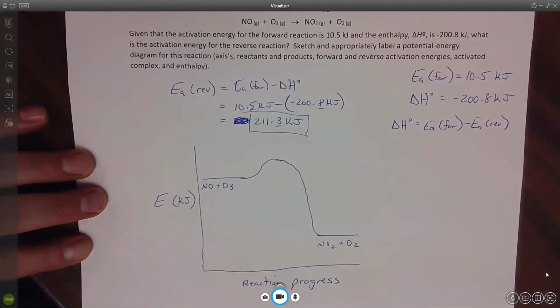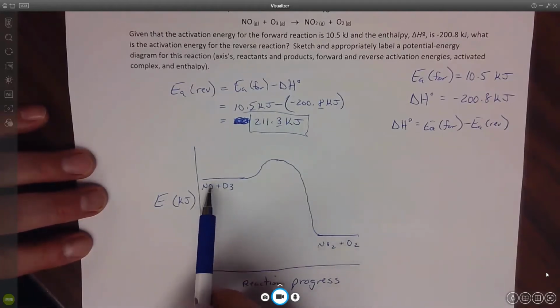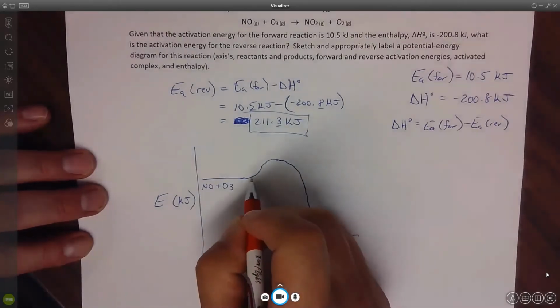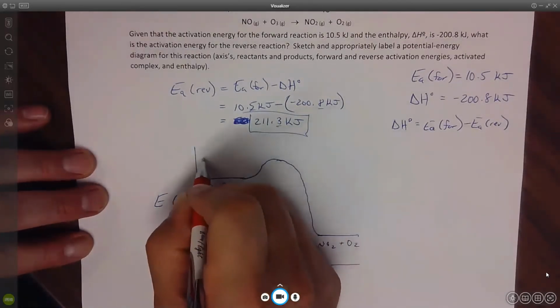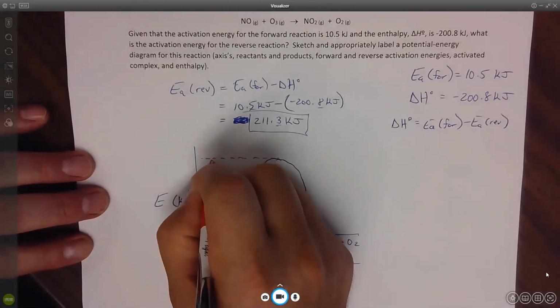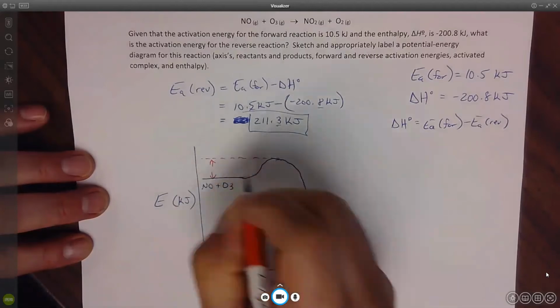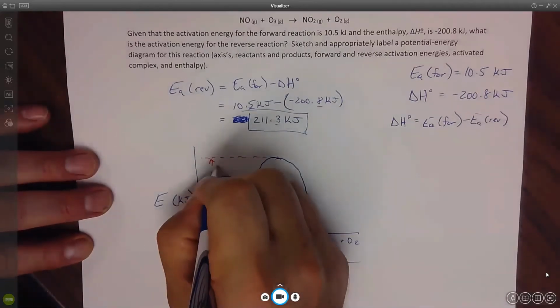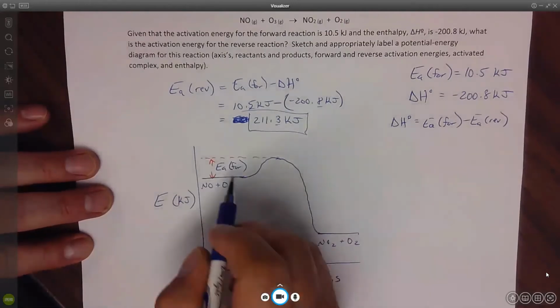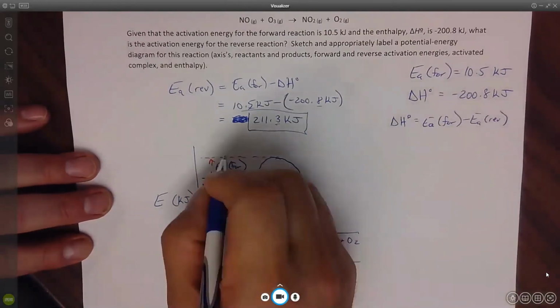In fact, there's two activation energies, right? There's a forward activation energy. So in other words, I'm going from here up over this hump. So that activation energy is this right here. This is my forward activation energy, and we know that it is 10.5 kilojoules, right?